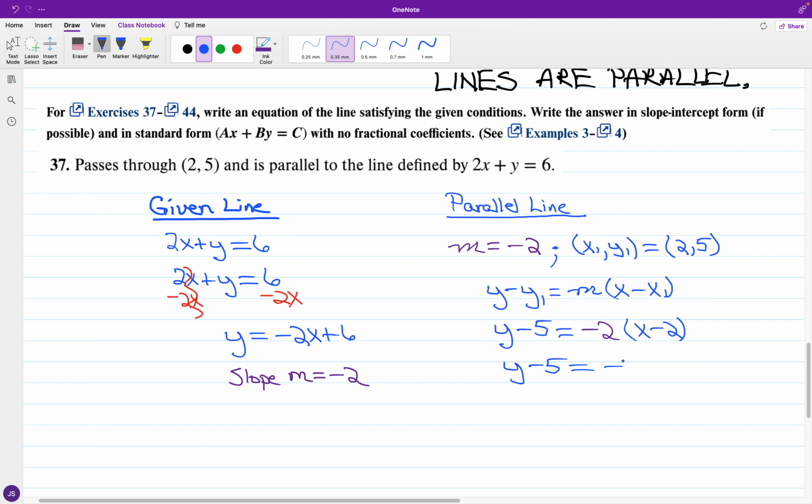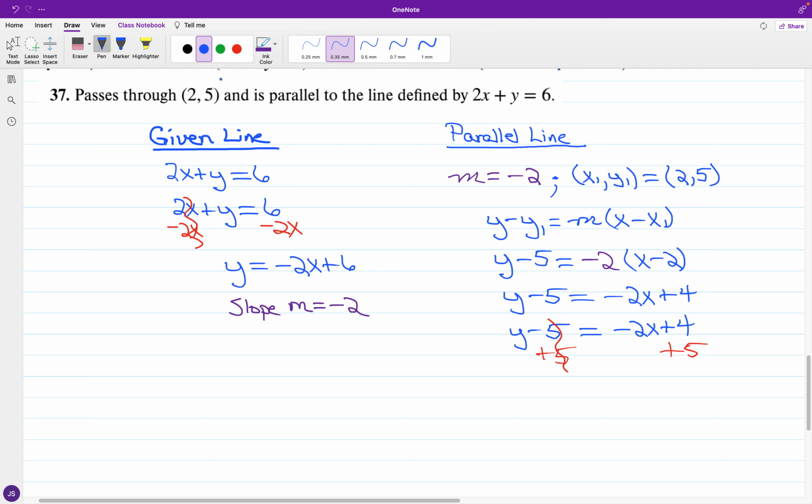And looking at distributing, okay, so we have y minus 5 is equal to negative 2x plus 4 and getting y by itself. And we have upon adding 5, so we're going to have that y is equal to negative 2x plus 9.